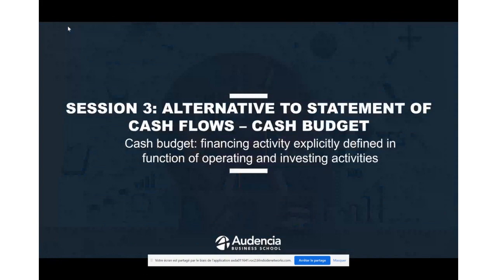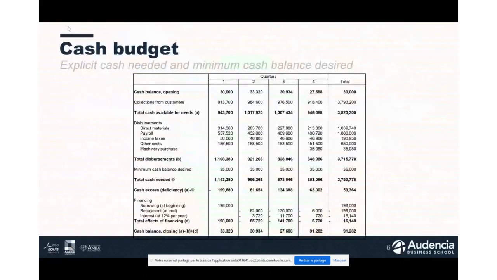So first, before this, we can talk about the cash budget, which is a different presentation of the cash from the statement of cash flows. In the cash budget, you put the opening cash, you put the receipts, you expect receipts from operating activity. You can put also some receipts from investing activity.